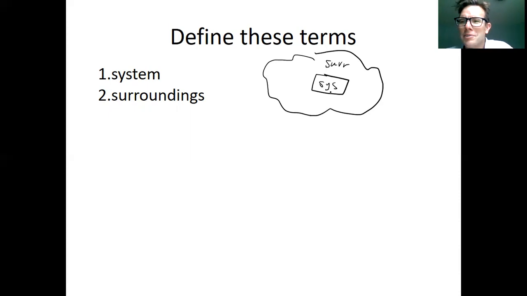It's the thing that we're interested in. It could be a piston with some gas in it. It could be a beaker with some chemical reaction going on inside of it. It could be a protein, right, inside of some cell. It's whatever unit we're interested in. The surroundings is everything else, right?